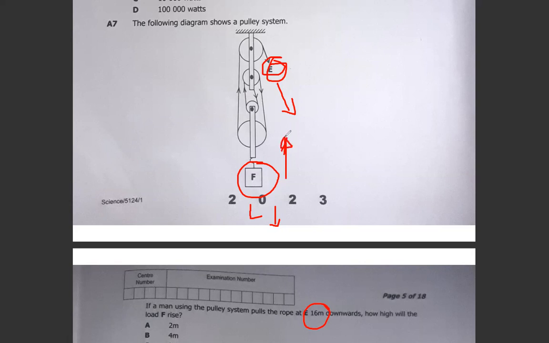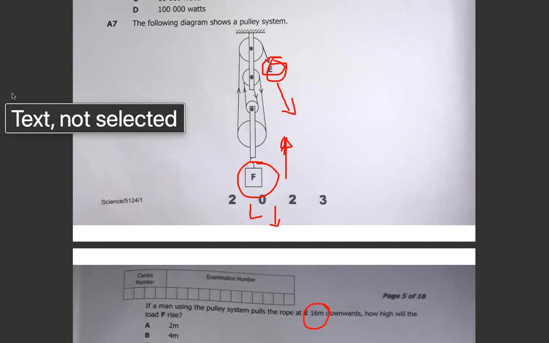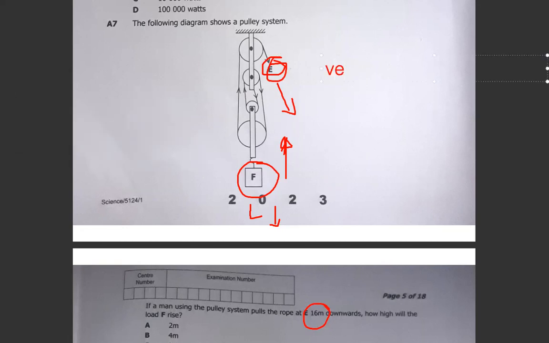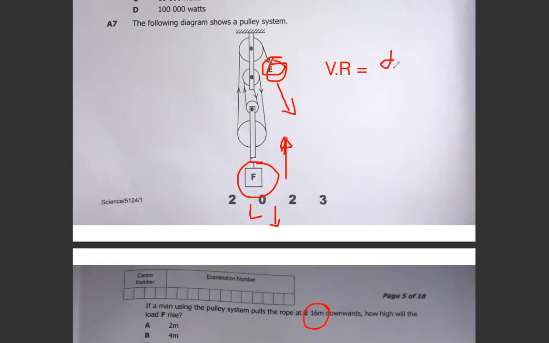So what are they talking about? What they're talking about here is the velocity ratio. VR, the velocity ratio, is equal to the distance moved by the effort, because the effort moves a longer distance, over the distance moved by the load.